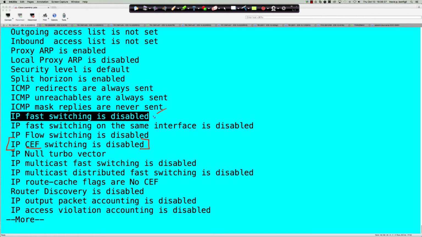So by disabling fast switching, the router will automatically disable CEF. And again, this is on the specific interface. I'll talk about globally turning on, and actually we kind of did already with ip cef, or you would say no ip cef. But as you can see, when you disable fast switching, it disables CEF switching.